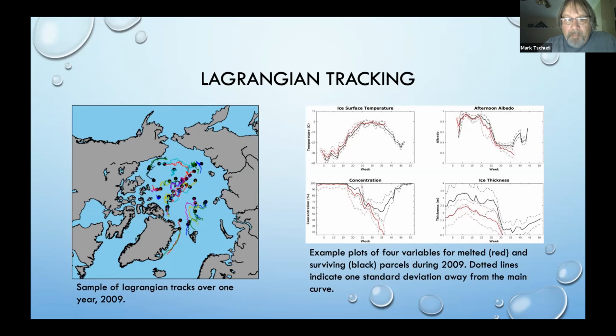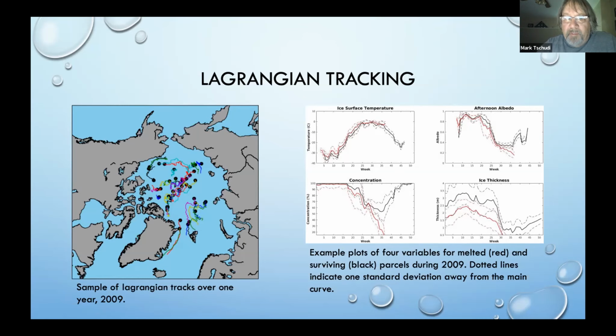So in this case, we're looking at Lagrangian tracks over 1 year, and this is just a subset of the ones that we have available. There are over 1,000 we can look at any one time. You can see how the ones I chose here are moving, with the dots being the first point on the track.